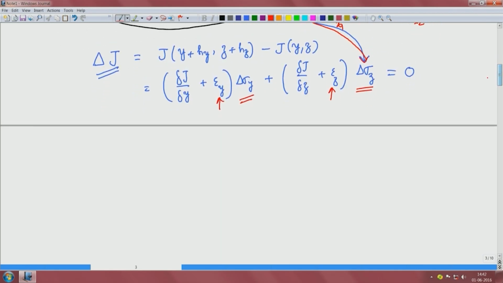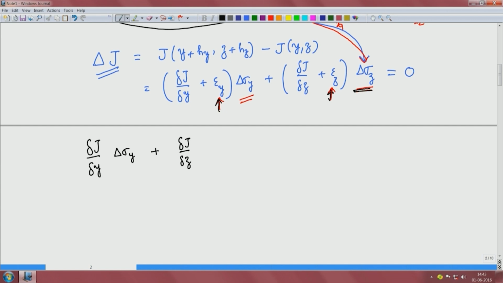So, we are going to continue with this and say that delta j by delta y, I will not put the error, times delta sigma y, plus delta j by delta z, again I am not going to write this error, because that goes to 0 as the perturbation becomes smaller and smaller.